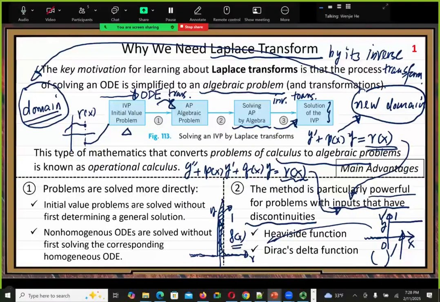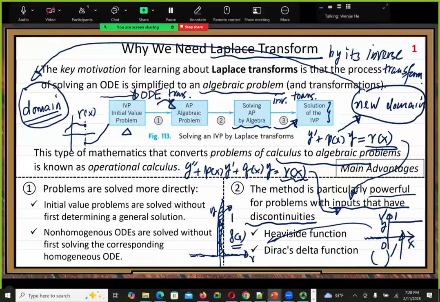That's why sometimes people call it a generalized function. It's not a normal function. Another name people use is distribution. It's not a function, it's a distribution. Distribution is another concept, different from the function concept.